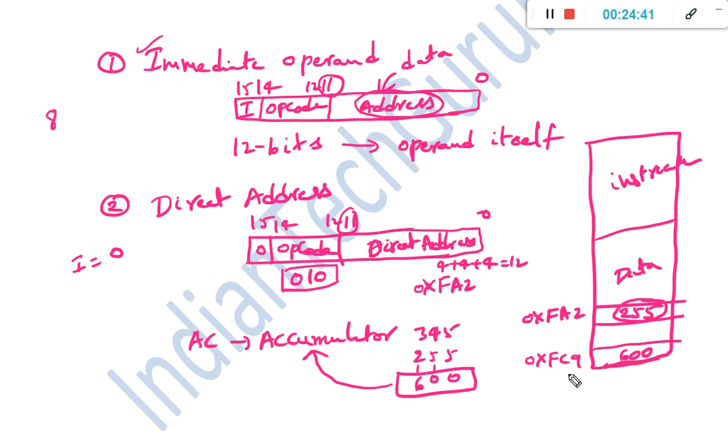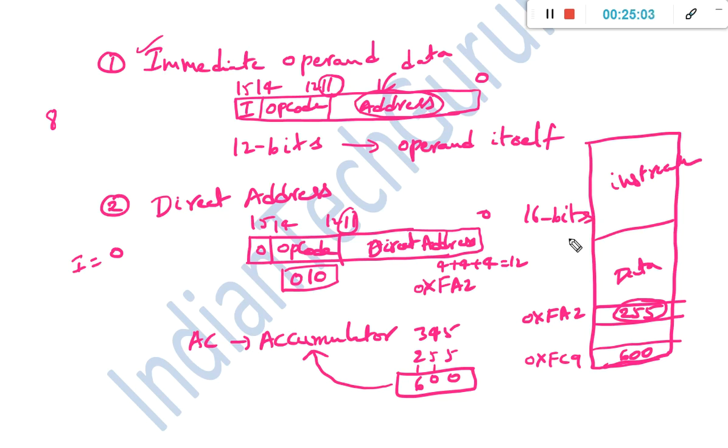Okay. So what are the points to be noted? We must know the instruction format. In this particular example, the total bits in the instruction format are 16 bits. And point number 2, we must bifurcate the instruction format into 3 different parts. What are they?